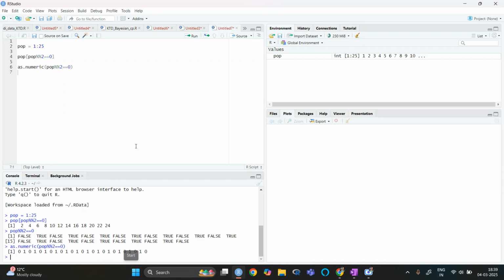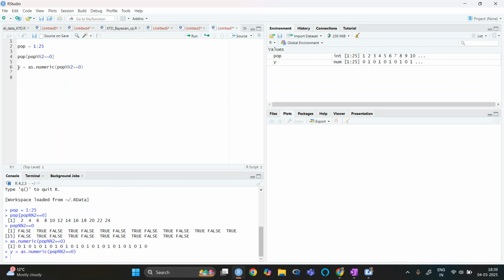So now with this population, we can continue. Okay, so I'm just saving it in y. Now, with this y, we can take the samples.